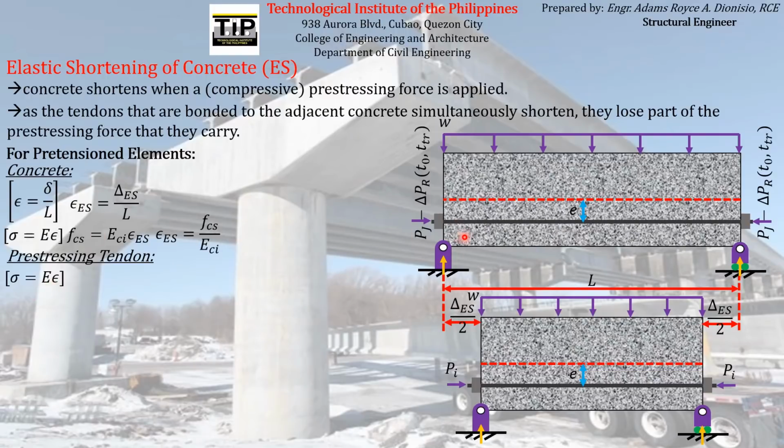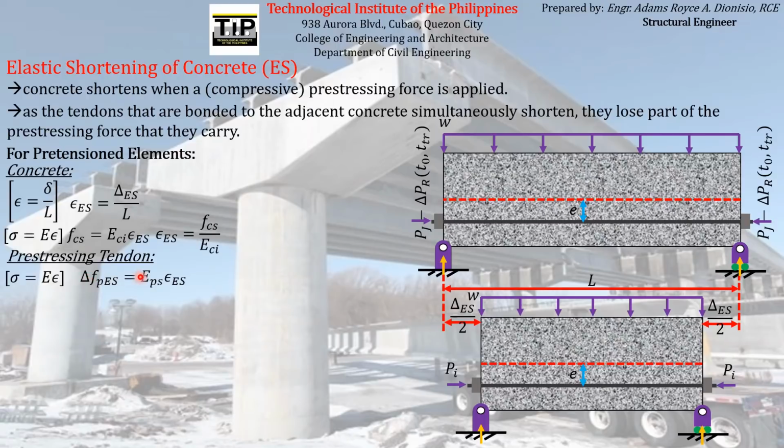So the stress being experienced by the pre-stressing reinforcement must be directly proportional to the corresponding strain it experiences. Or in equation form, if we will signify the stress being experienced by the pre-stressing reinforcement as it shortened from this form to this form, let us just call that delta FPES, so the pre-stress loss due to the elastic shortening of concrete.